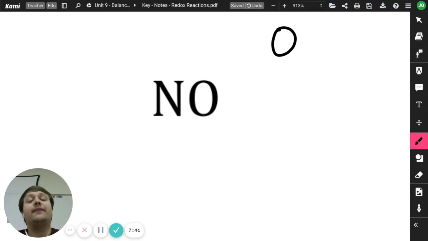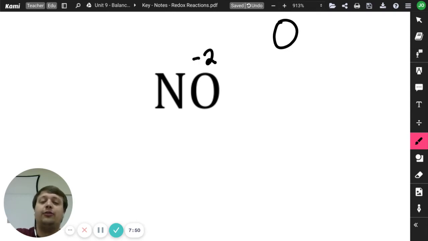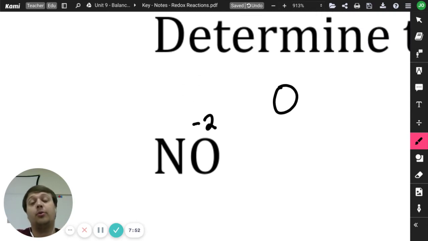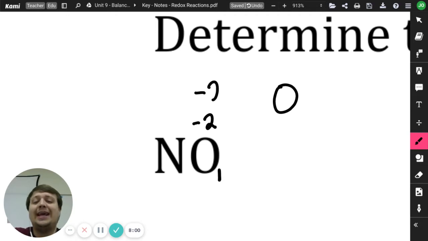Next, we need to find the oxidation number for each individual element. I don't know nitrogen, but I do know oxygen is always a -2 unless it's in hydrogen peroxide. Then it's a -1. So looking at this, I have 1 oxygen, so I have a total of -2 coming from my oxygen, right? And I want this to equal 0.